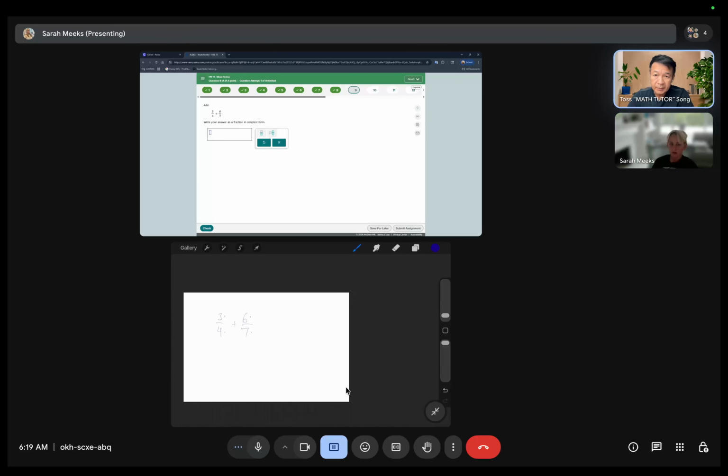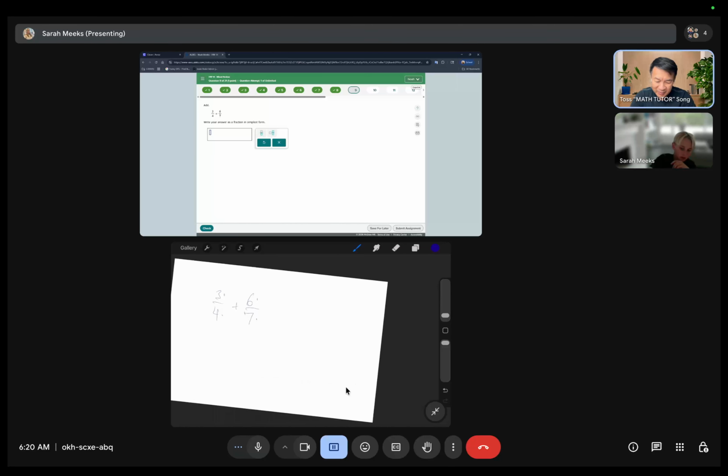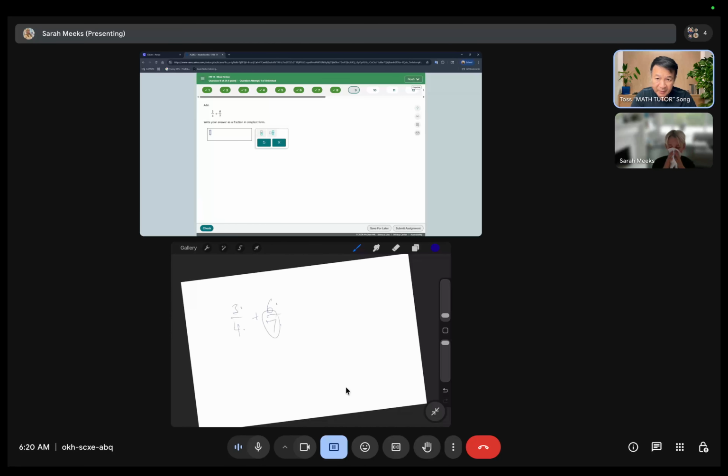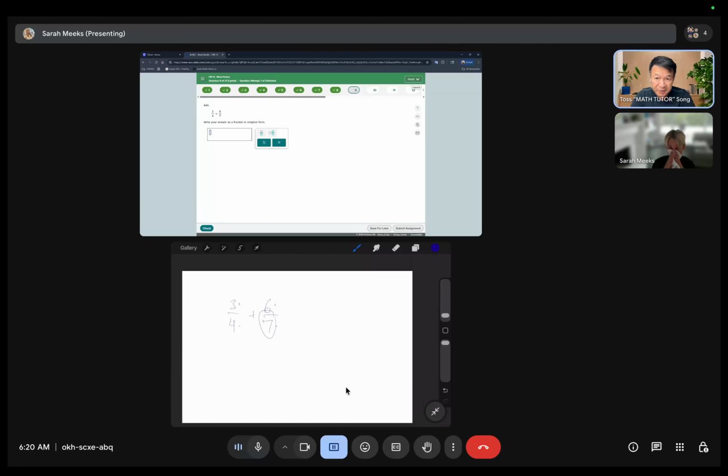Okay, there's a methodical way that you list them, but let's do it the way a lot of people would do, the way college students would do. It's faster. You look at the bigger number. If the bigger number can be divided by the smaller number, that will be the common denominator. But if that is not the case, you just multiply them.